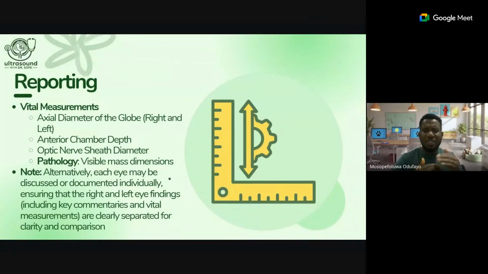But for the sake of clarity, and for the person interpreting to see exactly what is going on, differentiating the right eye from the left eye, I advise that you talk about them separately, except if you have a very normal scan. You can be very dynamic in how you arrange your report format, but make sure that it comprises every single thing that we have talked about.